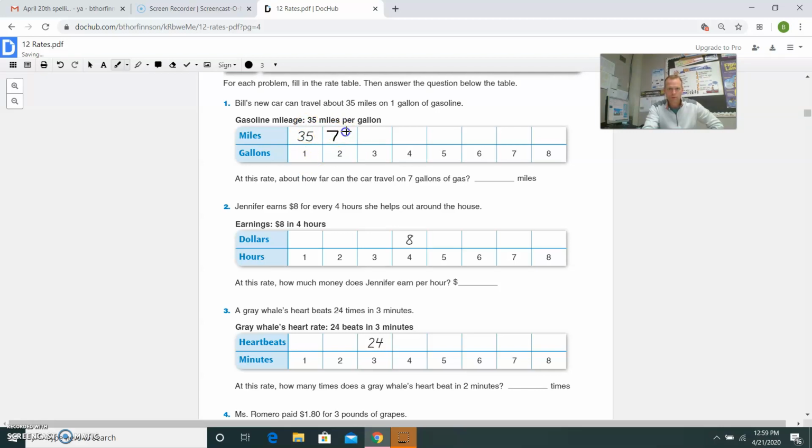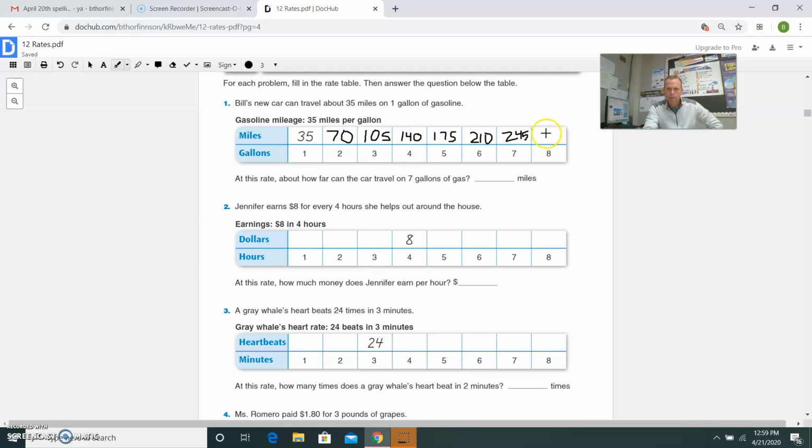2 would be 70. 3 would be 105. So we're just counting by ones on the bottom, which they've given you. And on top here, we're going up by 35 each time. So this would be 140, and 5 would be 175. 6 would be 210. 7 would be 245.